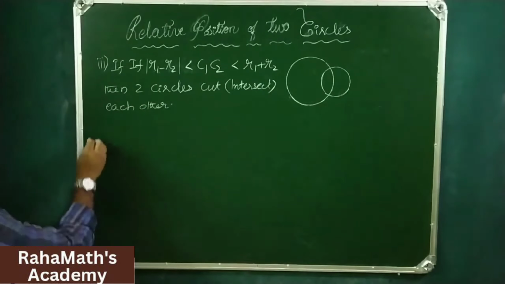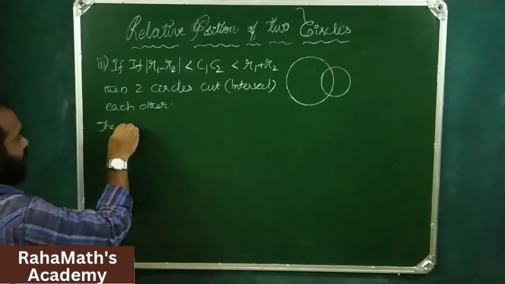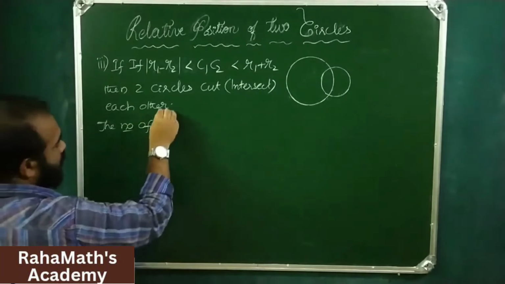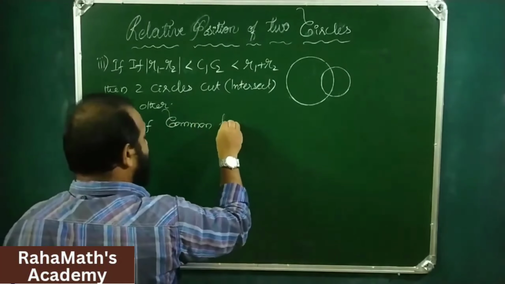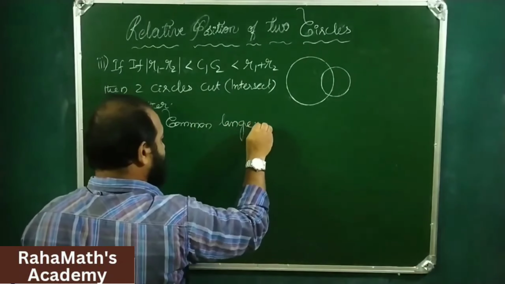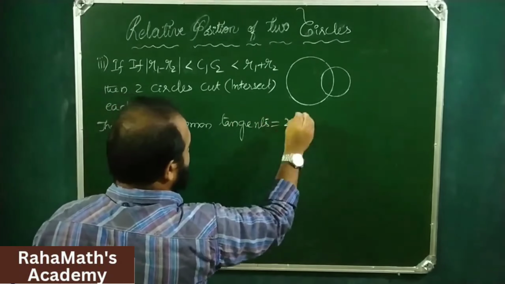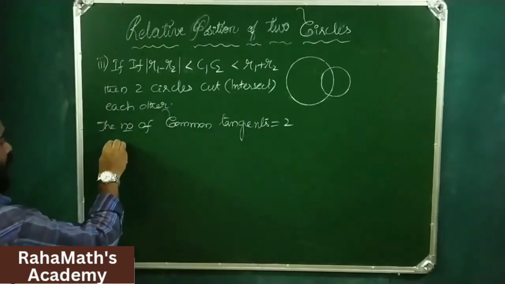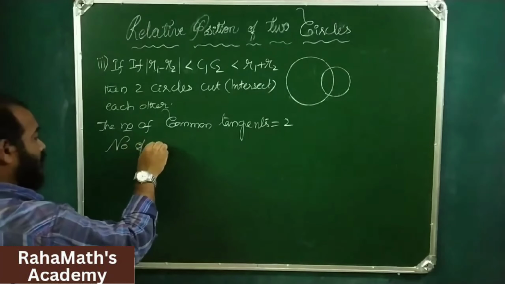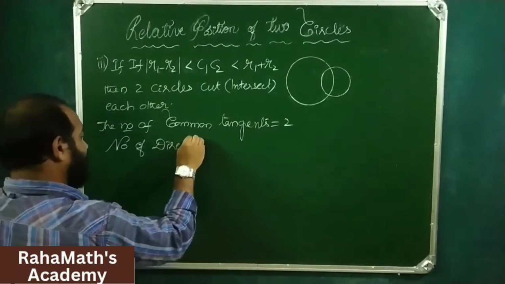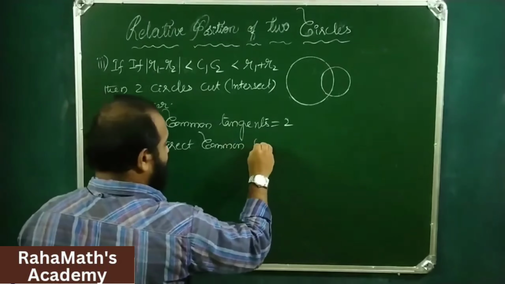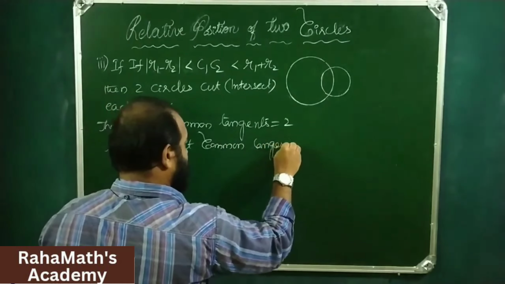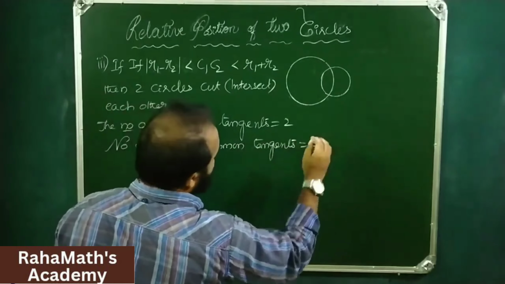So the number of common tangents is equal to 2. So the number of direct common tangents is equal to 2.